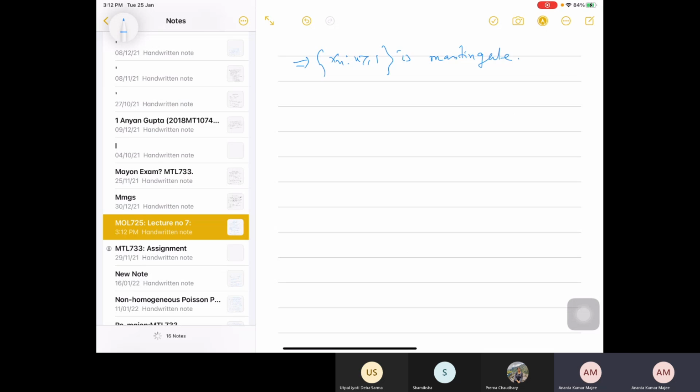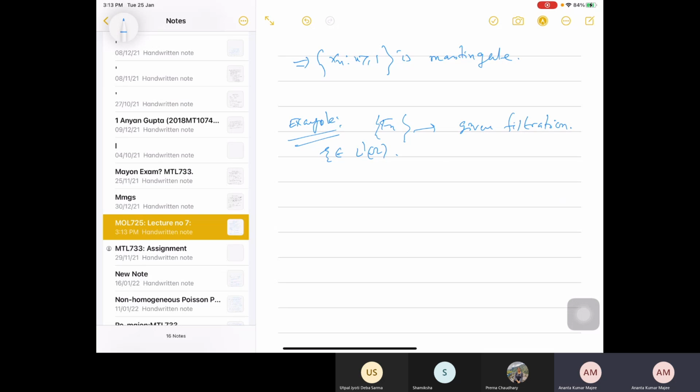So let us consider one more example that is a really important example. We will see it later on also. That is called the Doob's martingale. Suppose my Fn is a given filtration, and some zeta in my L1 of omega, that means an integrable function, is given to you.